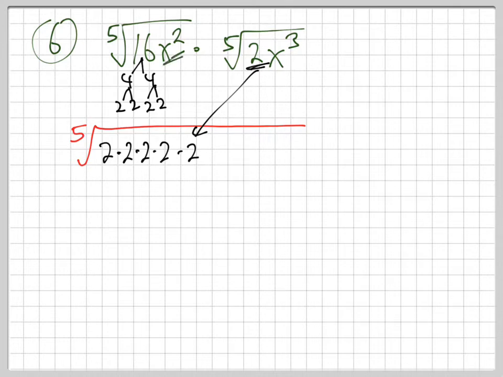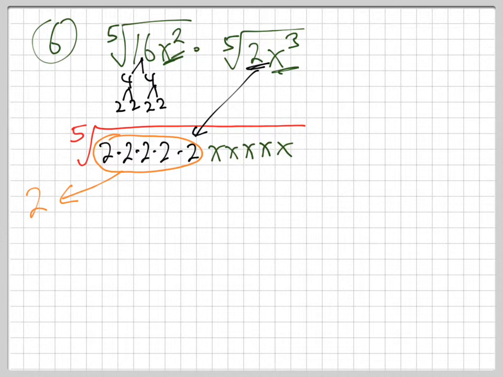And then we have 2 x's here and 3 x's there. 5 x's, and they cancel. You could just multiply them, for 32x to the 5th, and then break it down. So 5 2s inside makes 1.